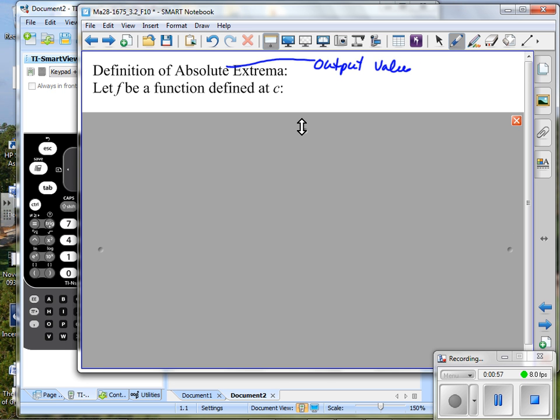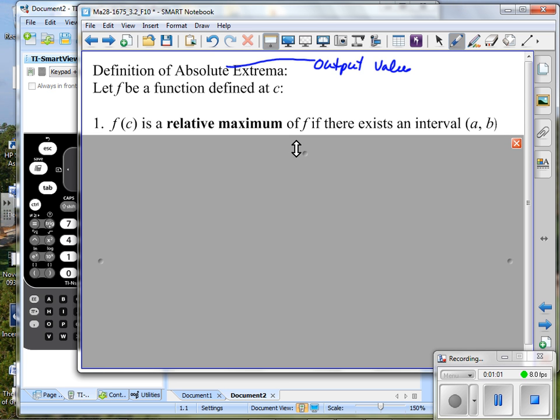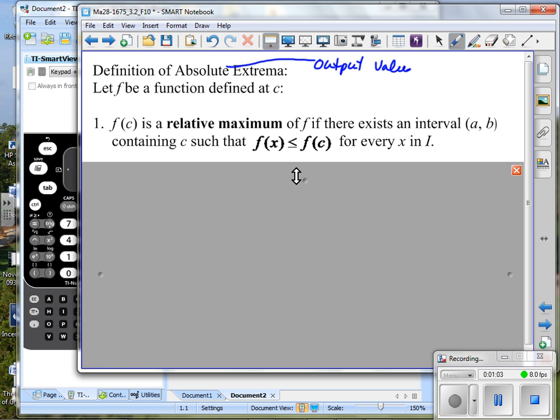Let the function be defined at some input c. This is so similar to what we had before. It's almost ridiculous. Do you recognize this terminology here? f of c is a relative maximum if there exists an interval containing c such that, but the only difference is it's for all x.